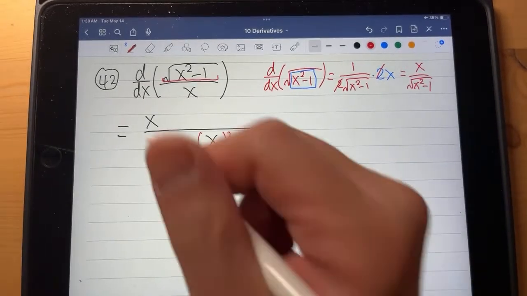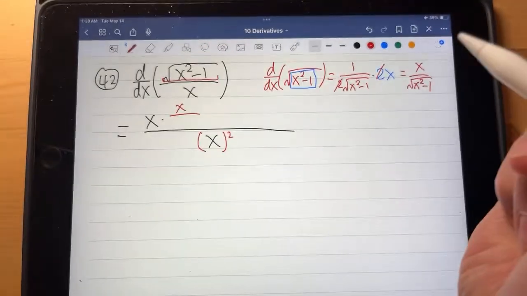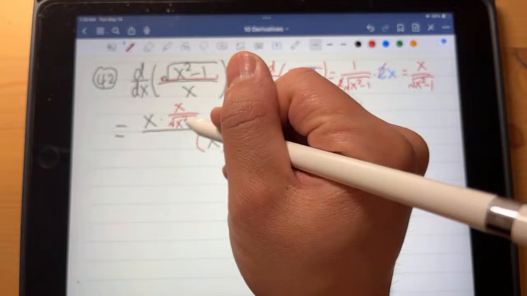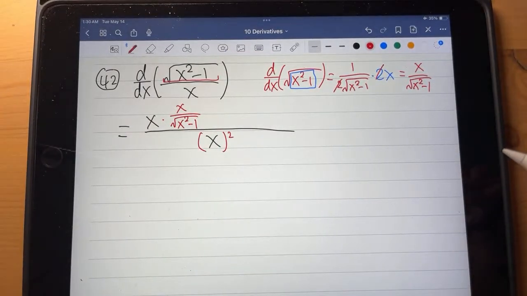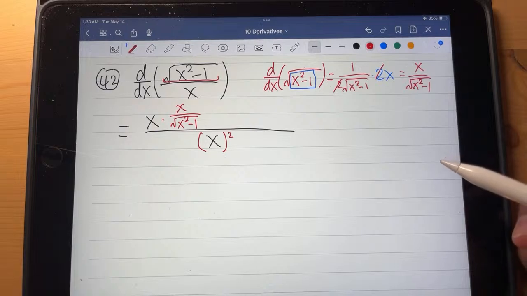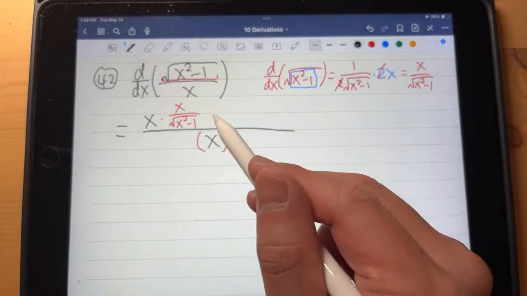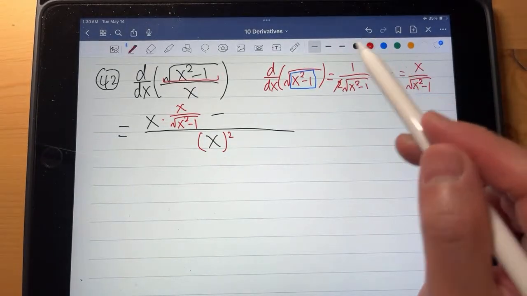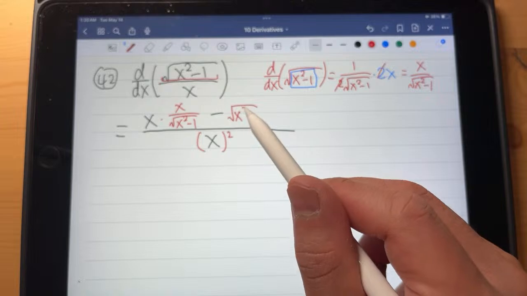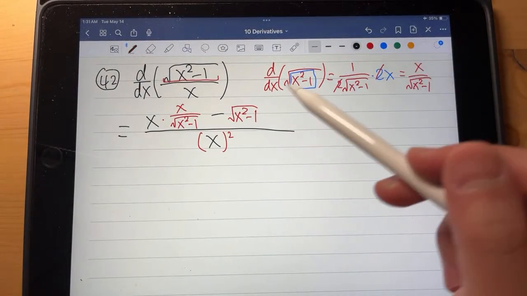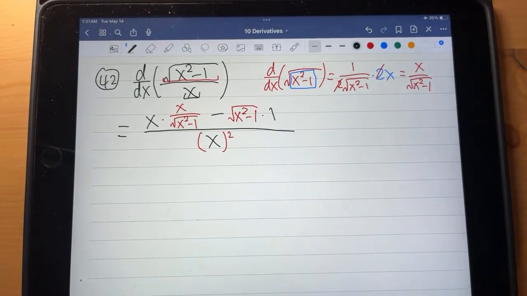And that goes right here. So multiply by x over square root of x squared minus 1. Then we are going to minus the top function, which is square root of x squared minus 1. And then we are going to multiply by the derivative of the bottom, which is just 1. So that's pretty much the derivative.